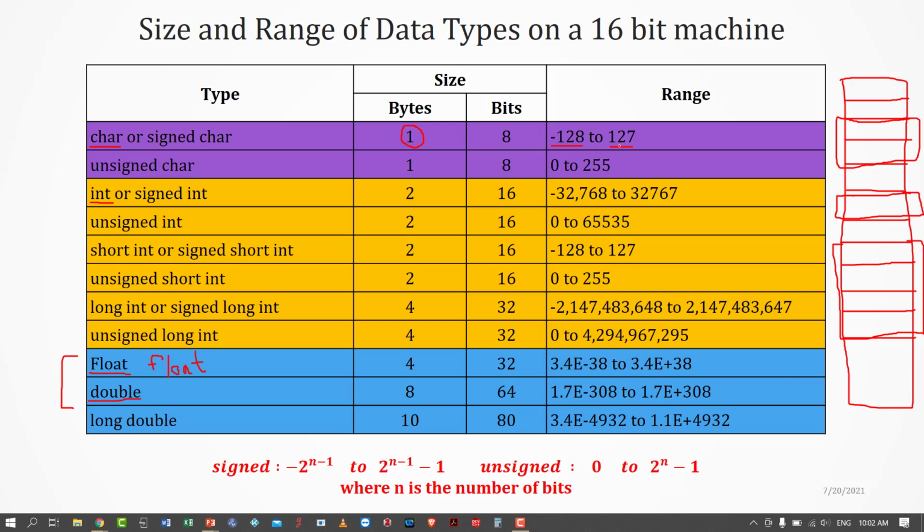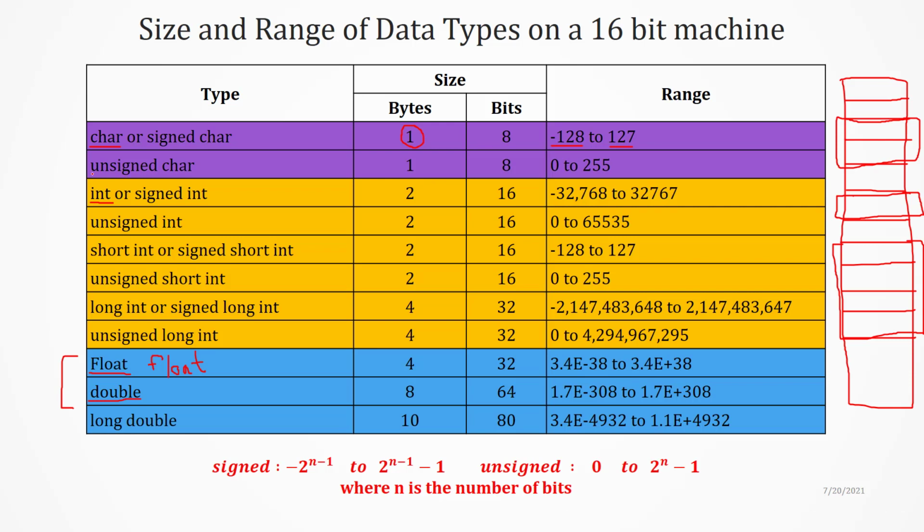If you remember the character constant, I already told you, anything within single quotes is a character constant, and each value has an equivalent ASCII value. That ASCII value is what is stored in that data type. If something is unsigned, then you use this formula, 0 to 2 raised to n minus 1, because there will be no negative numbers.